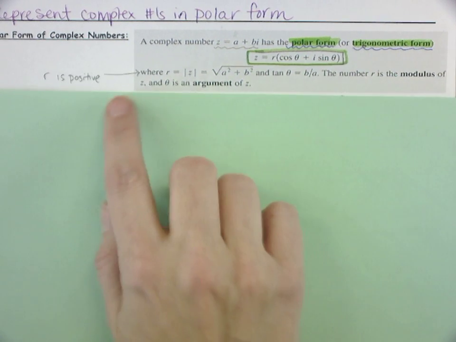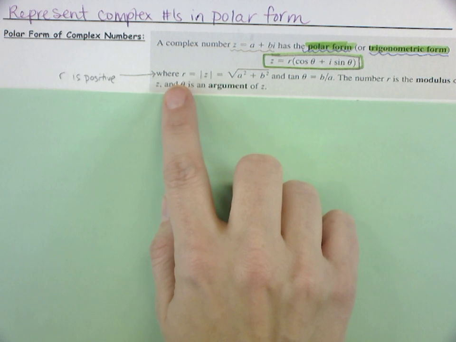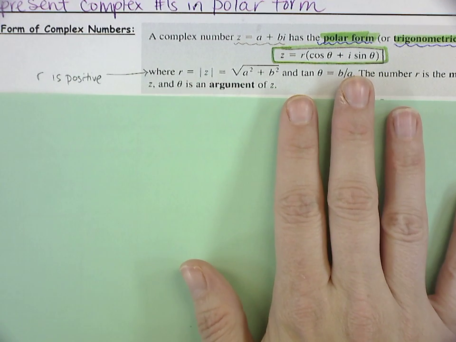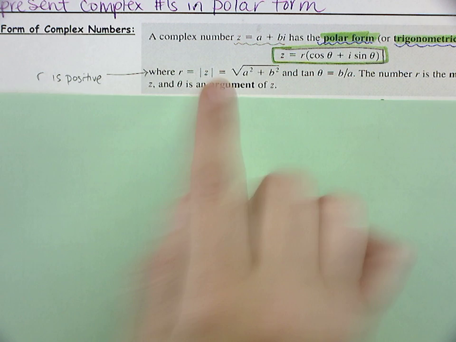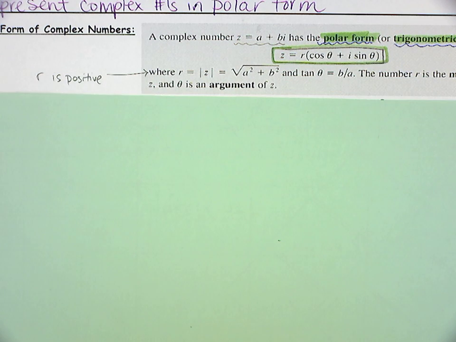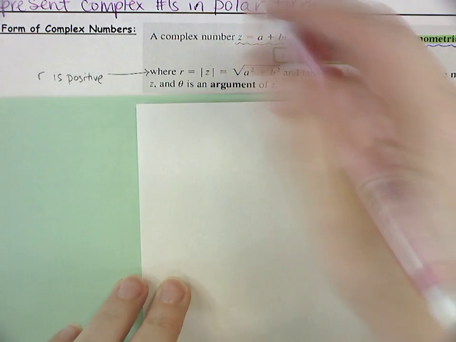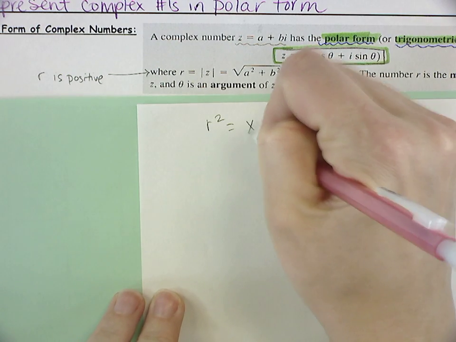Okay, good. So then your r value, see how it says r is equal to the absolute value of z? Okay, so your r value is going to be positive. We're always going to use the positive r value. And that's going to be equal to the square root of a squared plus b squared, which is exactly like our formula for r squared equals x squared plus y squared.